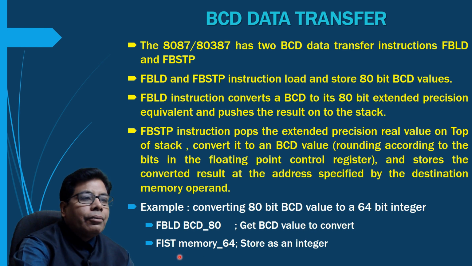Then when we give FIST memory 64, that is for storing an integer, it will be stored as a 64-bit integer. So the top of the stack will be stored as an integer into the memory. In this way we can convert an 80-bit BCD value into a 64-bit integer. So this is how the instructions will work.